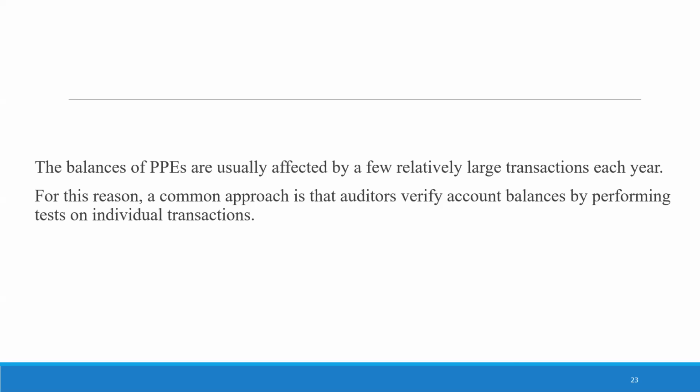So in that sense, it also means PPE audit sometimes could be very complex or could be very simple. We say it's simple because if the company only has, let's say, 10 big equipment, for example, the PPE account will be very simple, right? You just need to check those 10 individual items.